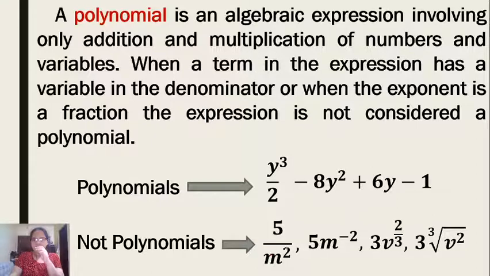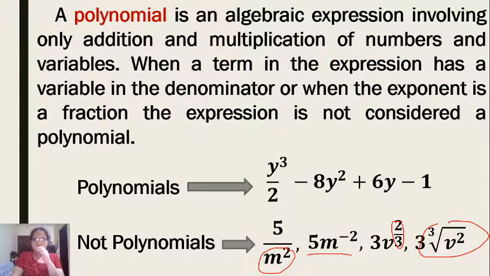So why are these non-polynomials? Because of the variable in the denominator, which is m squared. 5m raised to negative 2 is the same as 5 over m squared. And because of its fractional exponent, 3v raised to 2/3, which is the same as 3 times the cube root of v squared.